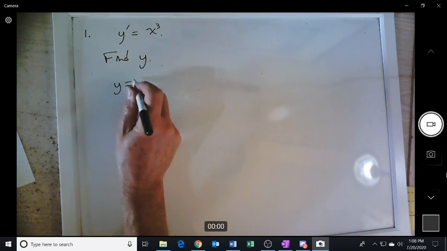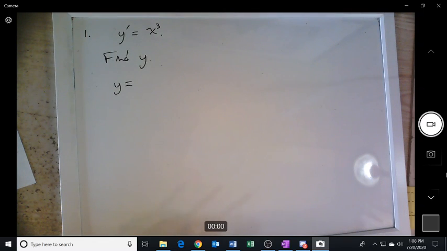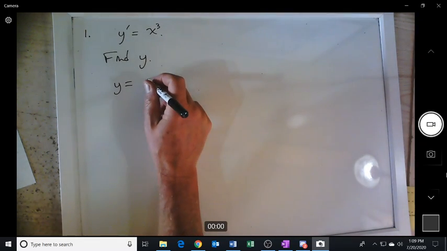And then we give everybody 30 seconds. Just think about a function that when I take its derivative, I get x cubed. All right.